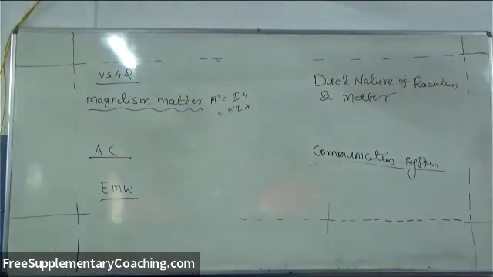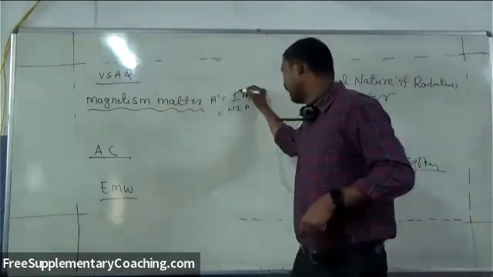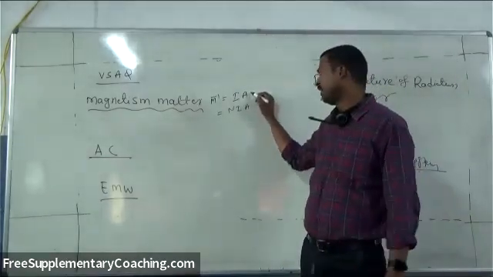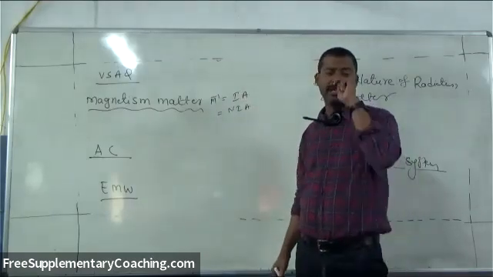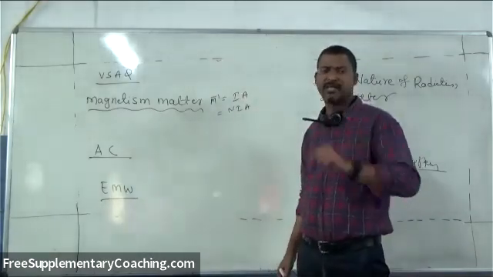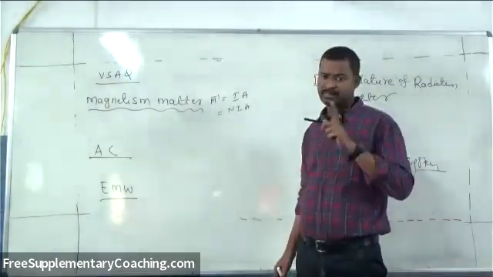Then, what are the units of magnetic moment and magnetic induction? Magnetic moment is current into area, that is ampere into meter square. Ampere meter square is the unit of magnetic moment. The magnetic field unit is Tesla.